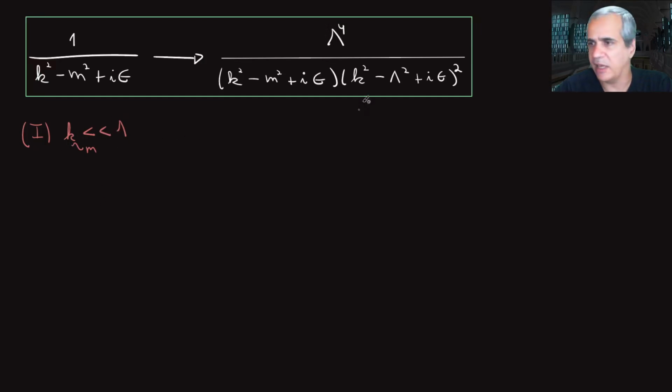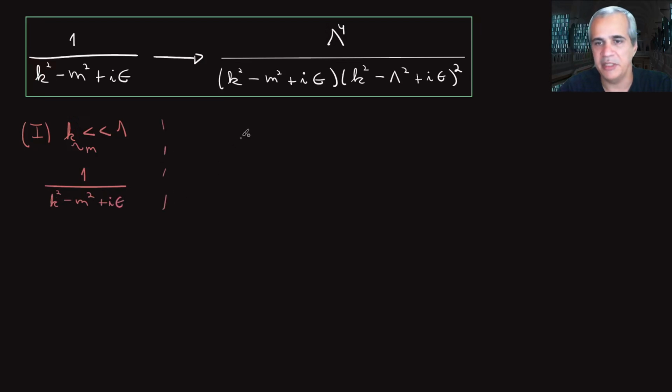In this case, on this part of your denominator, you can ignore k squared, and then you have lambda 4 over lambda 4, and so your integrand becomes k squared minus m squared plus i epsilon, like before.